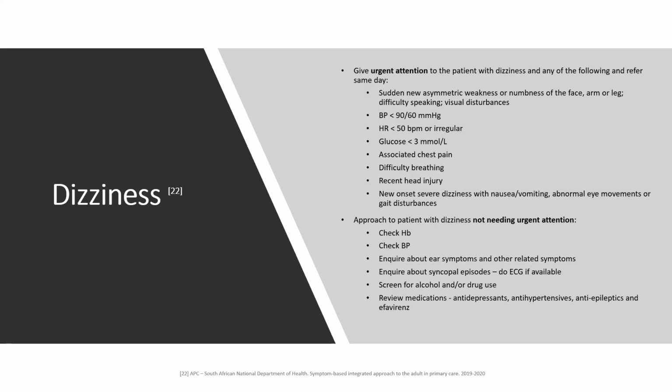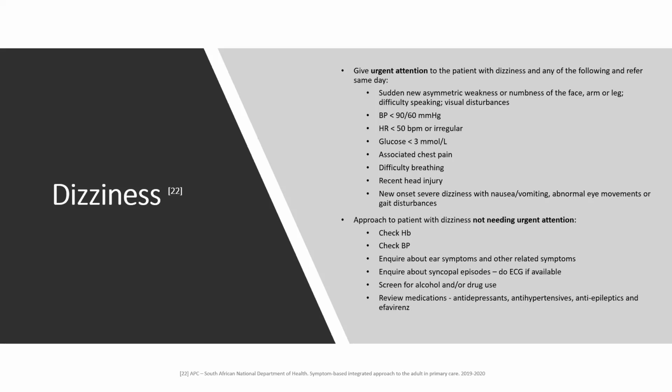Patients requiring urgent attention and warranting same-day referral are basically patients with new onset stroke or TIA symptoms, hypertensive patients, bradycardic patients or patients with an arrhythmia, hypoglycemia, associated chest pain, shortness of breath, history of a recent head injury, or new onset severe dizziness with nausea and vomiting, abnormal eye movements, or gait disturbances.